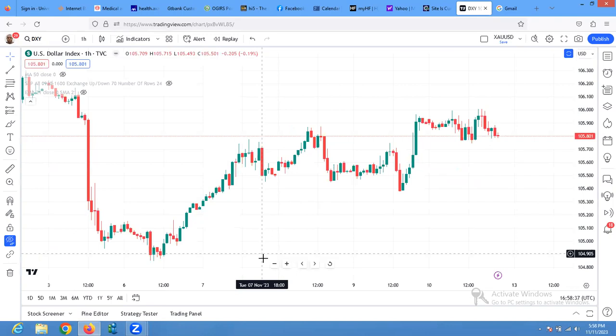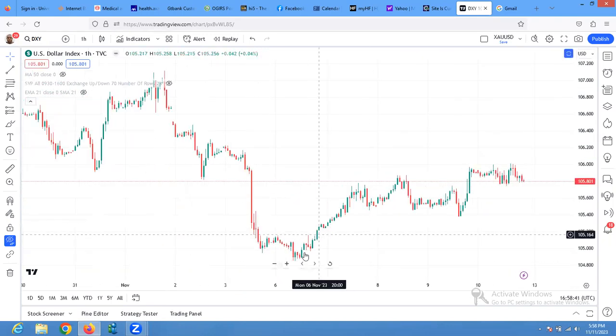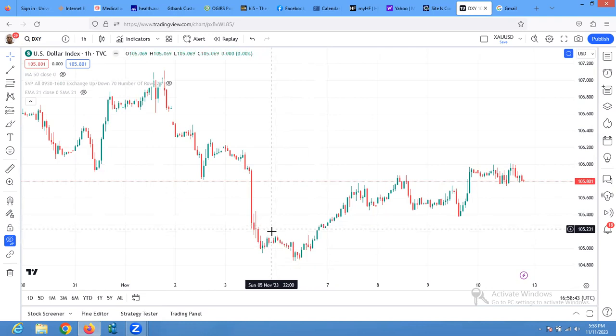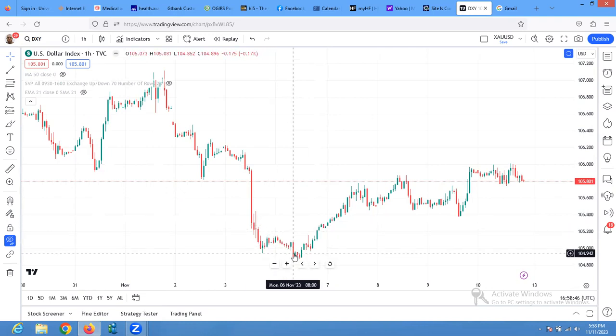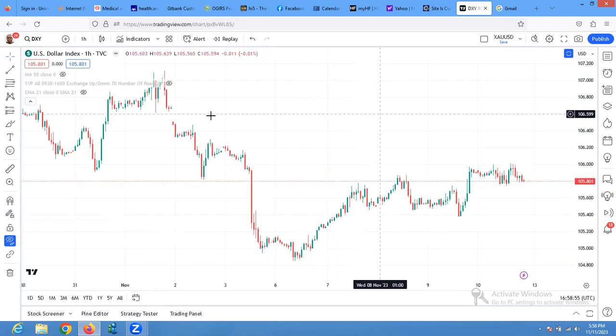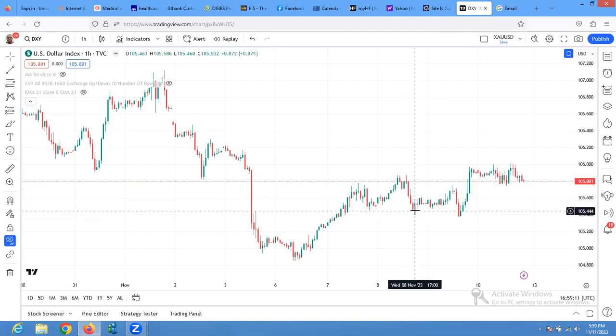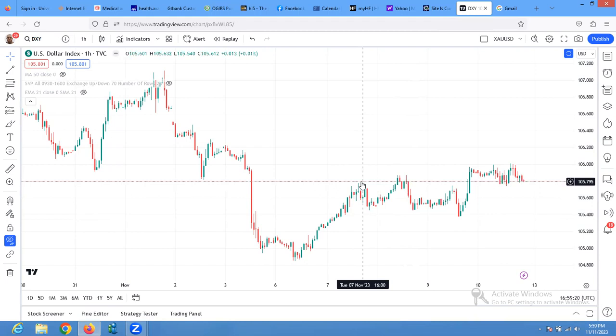So looking at 1 hour, what do we have? These are giving us the end of this correction, around this area. And this may be a 1, and we are doing a correction of a 2. It is not impossible. For now, to me, this looks like an A here.